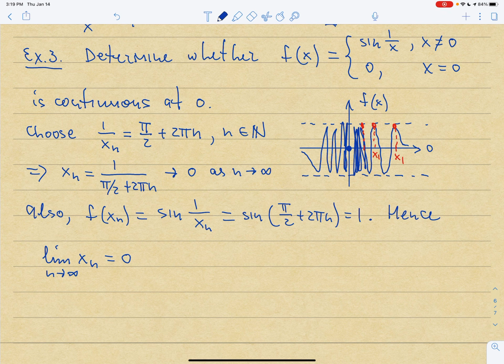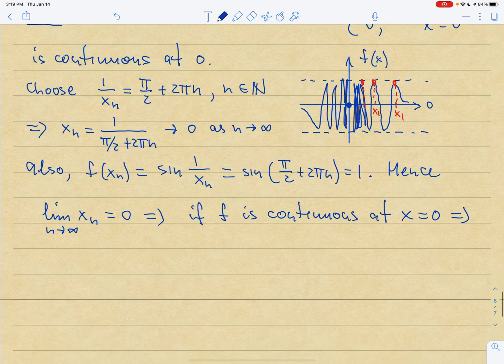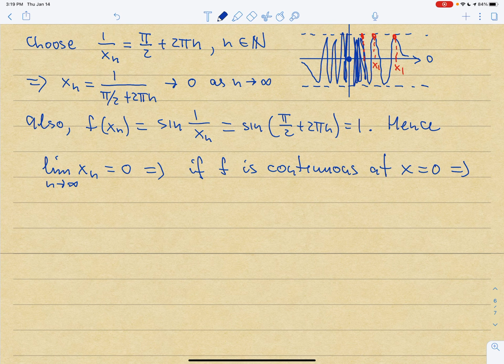All right, and if the function were continuous, so if f is continuous at x equal to 0, then the limit as n goes to infinity of f of x_n should be f of 0, and that is 0.